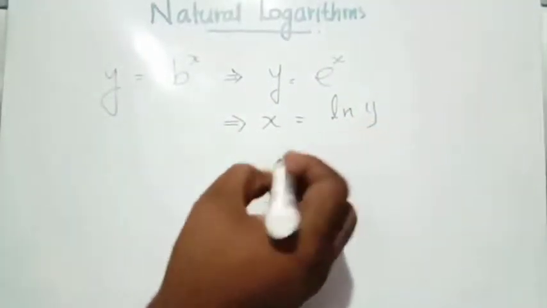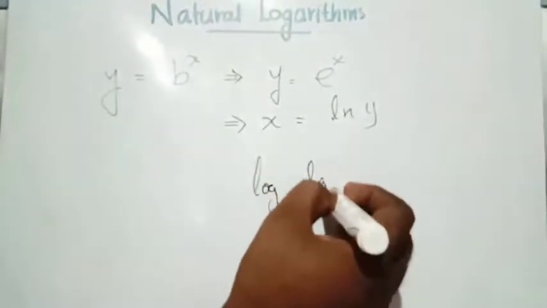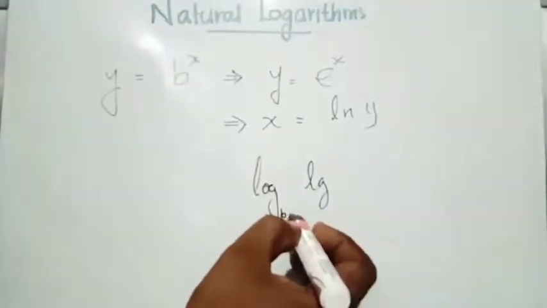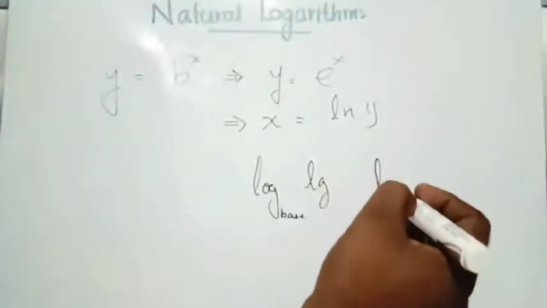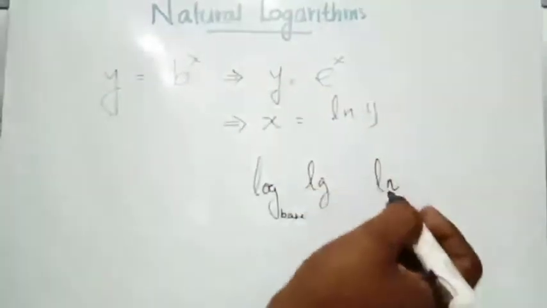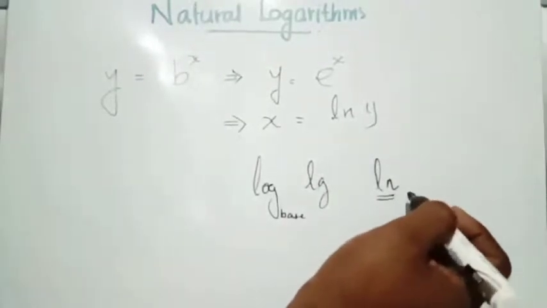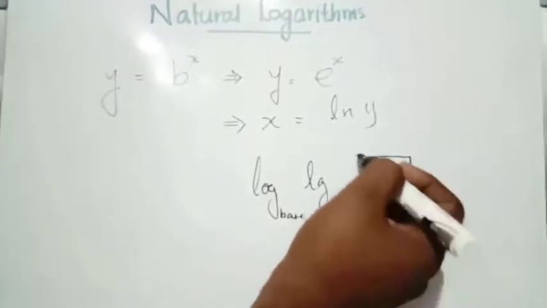Common logarithms we denoted with log, and in such cases we used to write the base. But in the case of natural logarithm, if you write ln, that itself denotes it is a natural logarithm, which means its base is e. In your calculator you can find the corresponding key for ln.